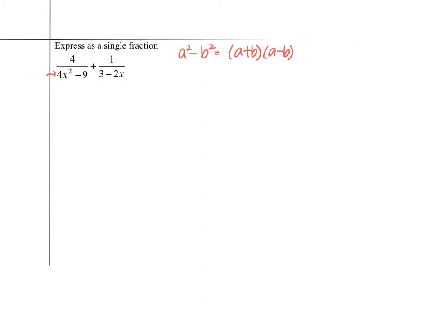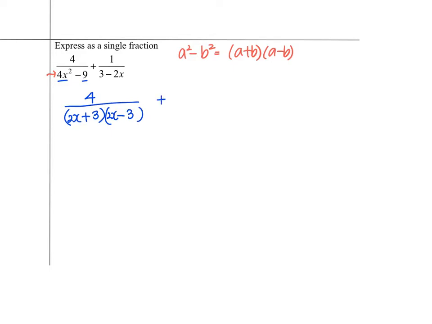So in this case, I will change this to 4 over 2 brackets, plus and minus. What times what gives me 4x squared? 2x times 2x. What times what gives me 9? 3 times 3. So this will be the factorized form of the denominator.